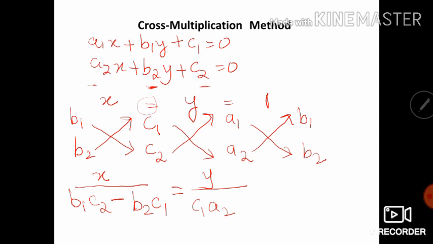Follow the cross under y, c1 a2 minus c2 a1, equal to 1 upon, follow the cross under 1, a1 b2 minus a2 b1.